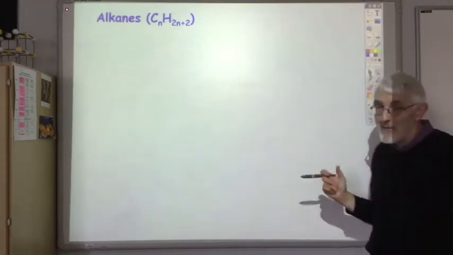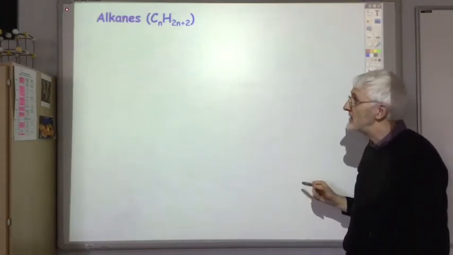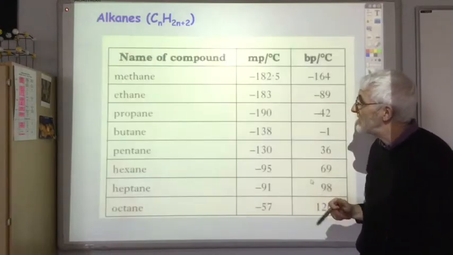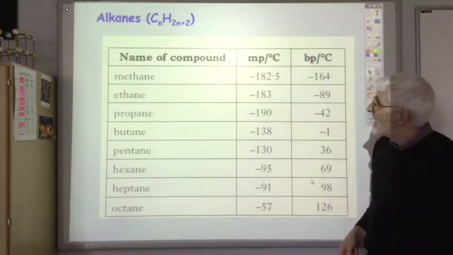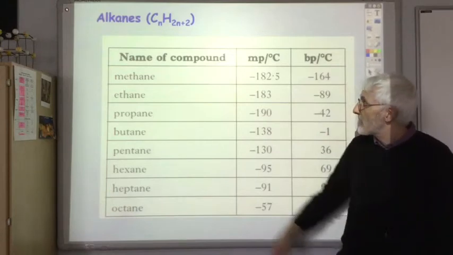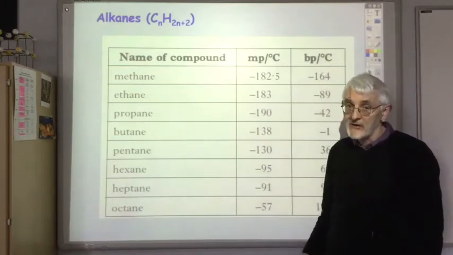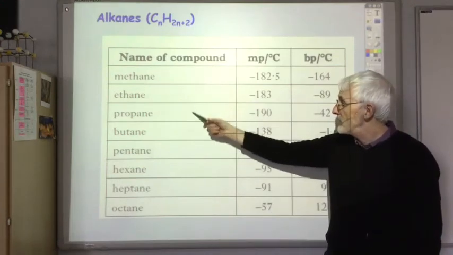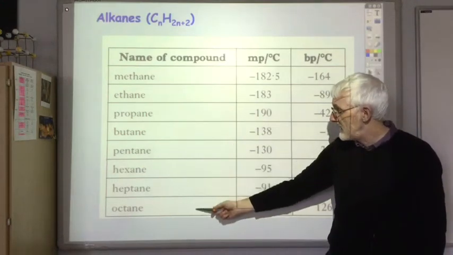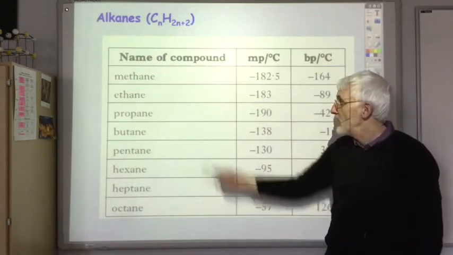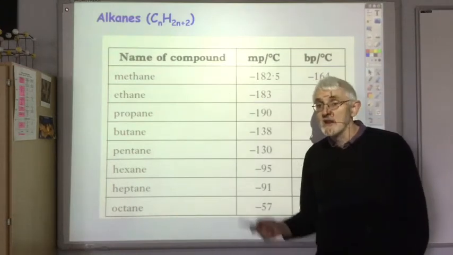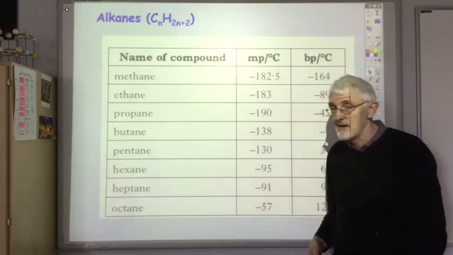But you don't have to remember all the names of the alkanes. They're given to you in the data booklet. So in the data book it lists the first 8 alkanes in order of increasing number of carbons: 1, 2, 3, 4, 5, 6, 7, then octane 8. So you can always look up your data book to find the names of these alkanes.